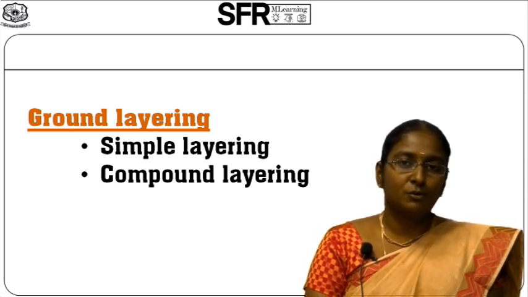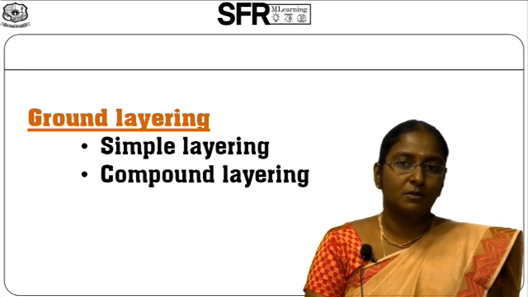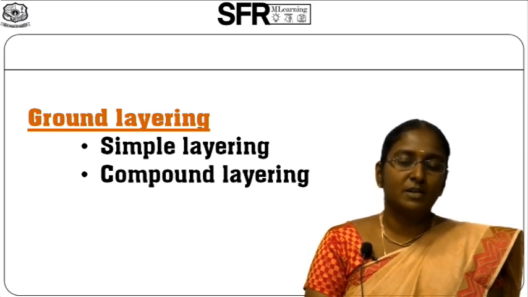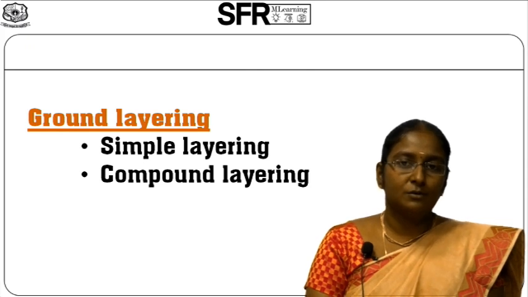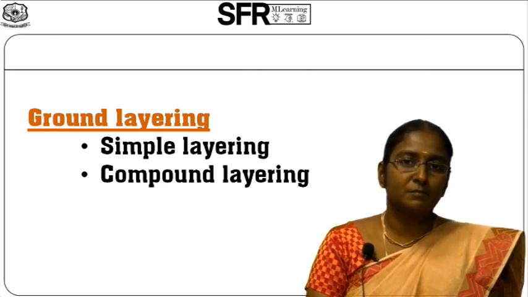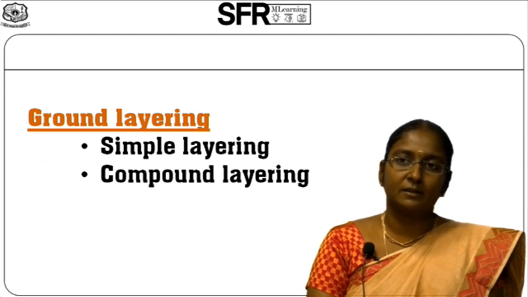Only from the nodes can it develop roots. So, we have to make sure that the nodal point is inserted into the soil. A wound is created on the node and it is allowed to set inside the soil. This makes roots develop. This is what is done in simple layering. We will see simple layering and compound layering in detail here.